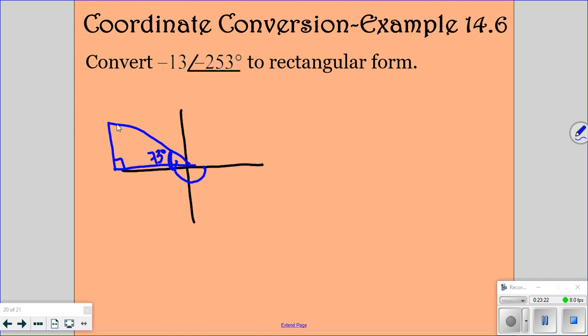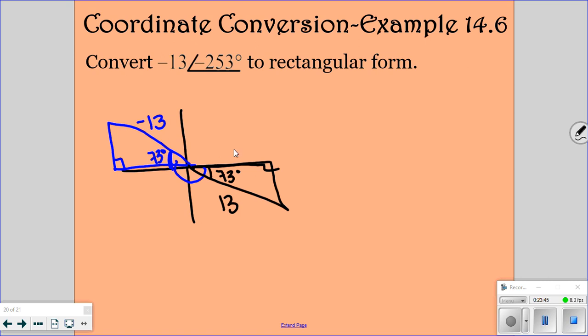All right, so the 13 is our hypotenuse, and it's a negative 13. We don't want to have a negative hypotenuse length. That doesn't make sense. So we have to push it through the origin, and then we draw our new right triangle. So now our hypotenuse is a positive 13, and this angle is still 73 degrees because they are vertical angles.